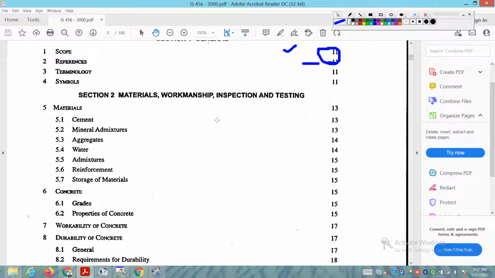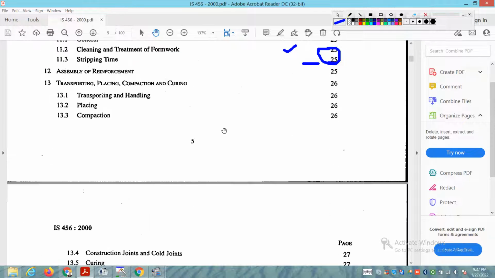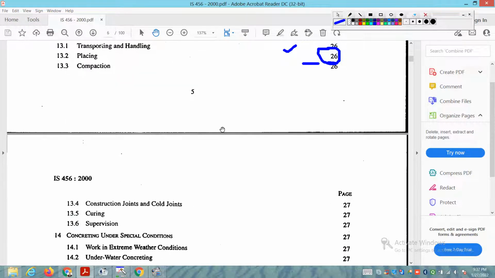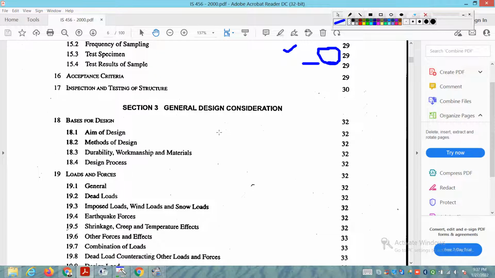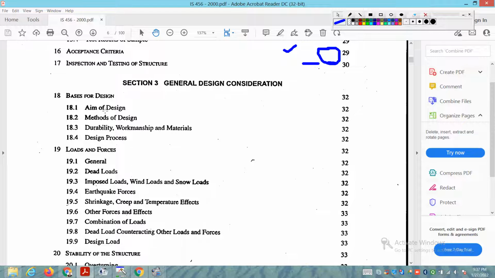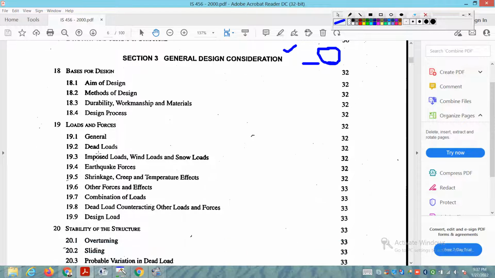Then section 3 comprises general design considerations, basis for design, loads and forces.